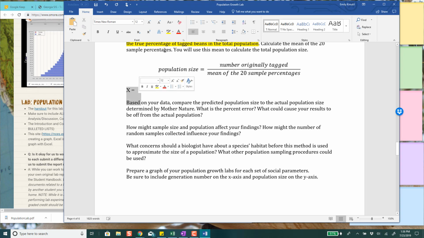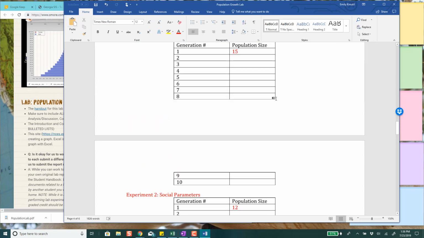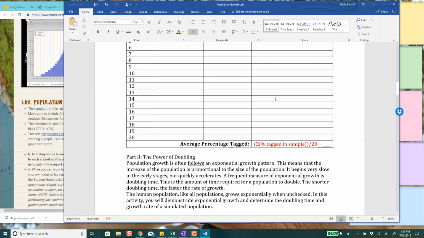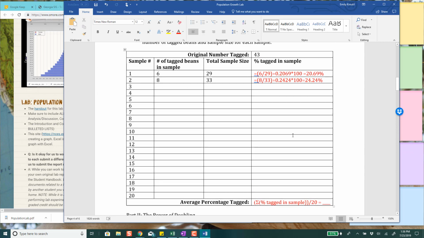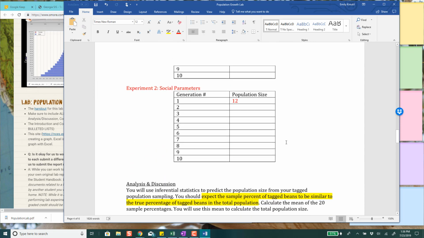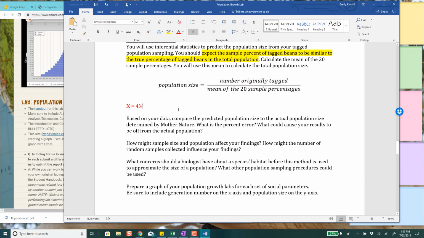Let me do this in red. And then you originally had, like, 43? And we'll divide that by the mean of the 20 sample percentages. So let's just say we have 20.69 and 24. Let's just say it's 22%. I'm just guessing. So now we can do our math, right?